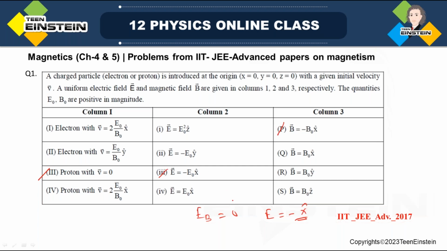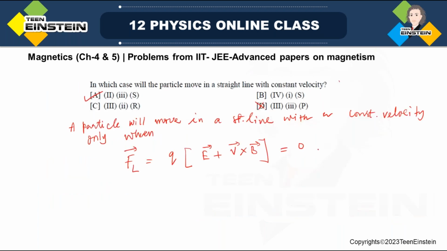But here, since there will be a force acting on this proton, even though it initially has 0 velocity, because of the electric force it will have some acceleration and a varying velocity. The question requires constant velocity.